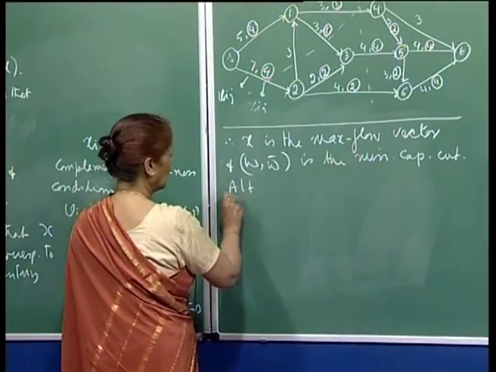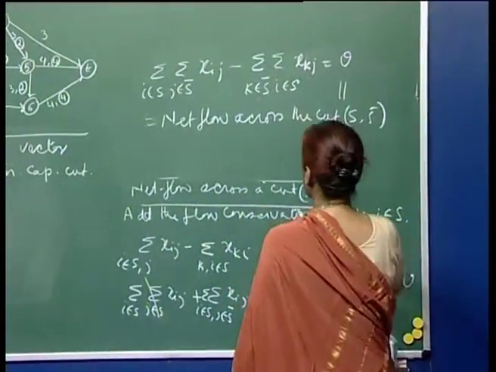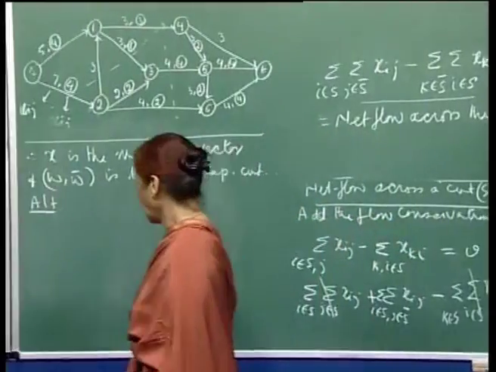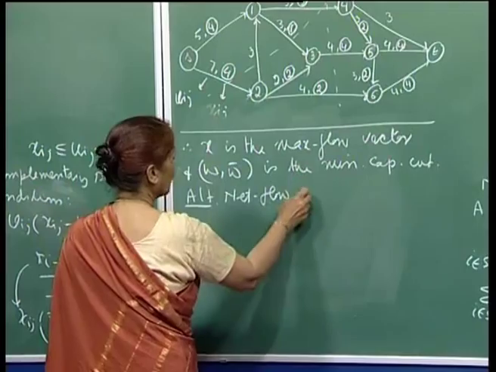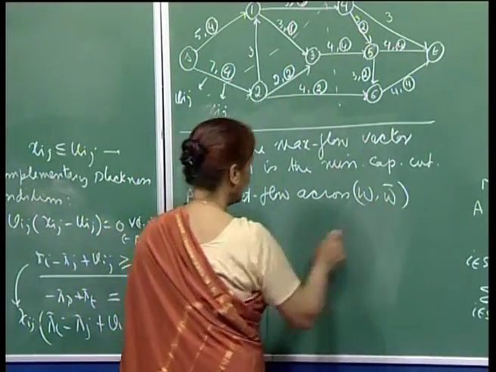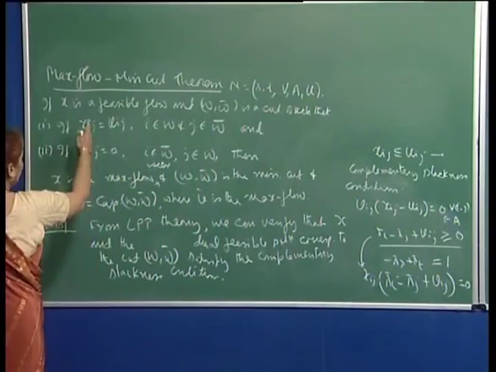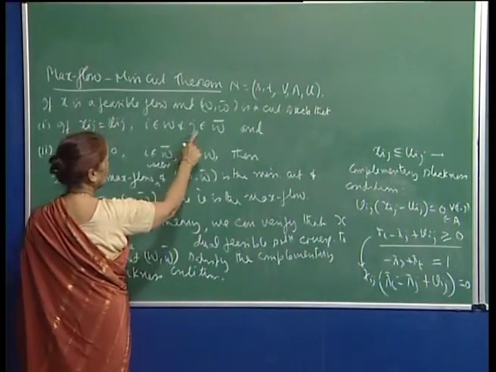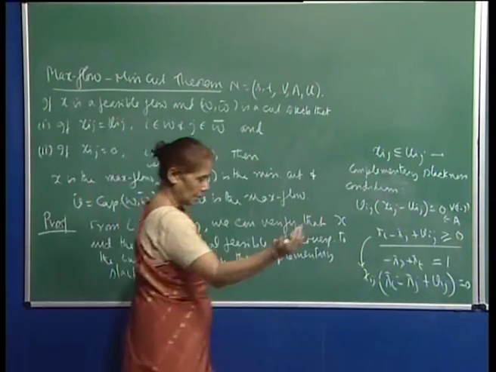This comes from our complementary slackness conditions, but alternatively you can also check. We said that the net flow across a cut is given by this. So the net flow across w bar is equal to what? Because these conditions are being satisfied, for i in w, j in w bar, xij is uij, and this is 0 when it's the other way.